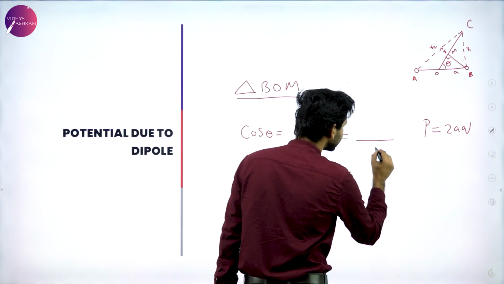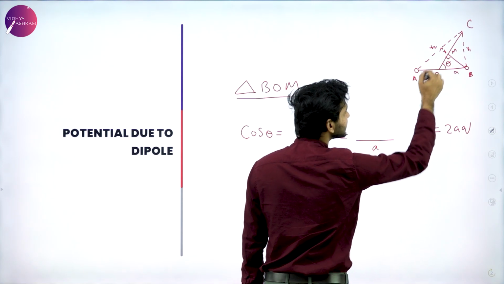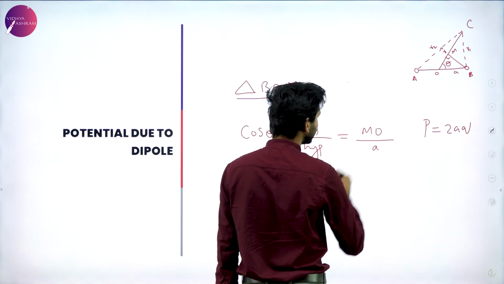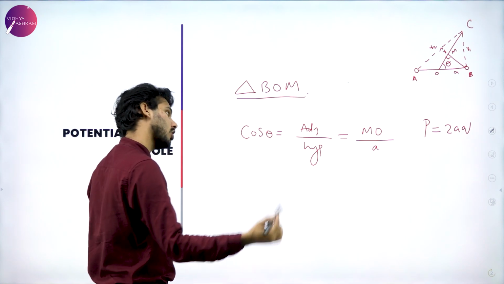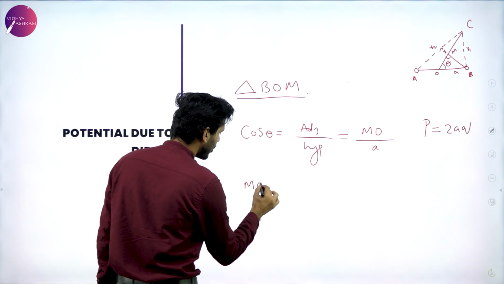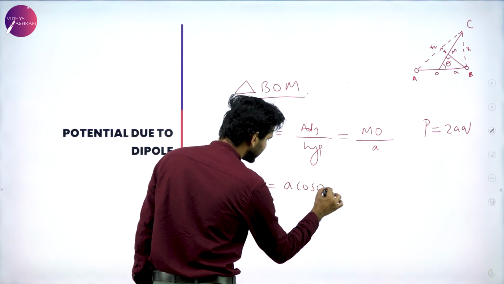We know the adjacent side is MO. So we can simplify and write that MO is equal to A cos theta.